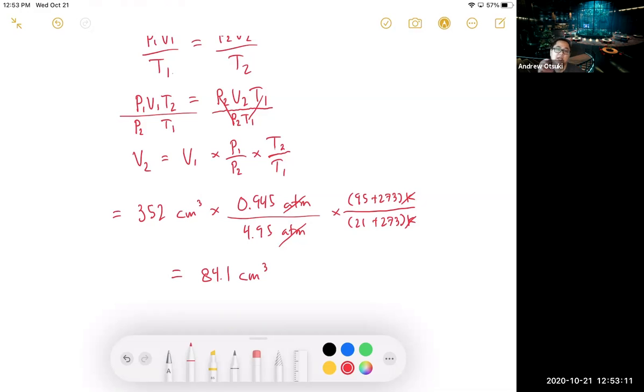But in this case, the fraction for the pressure is lower, so it overwhelms the temperature fraction, so it eventually decreases overall. So just make sure that your temperature fraction relative to the volume is greater than 1, and for your pressure it should be less than 1.